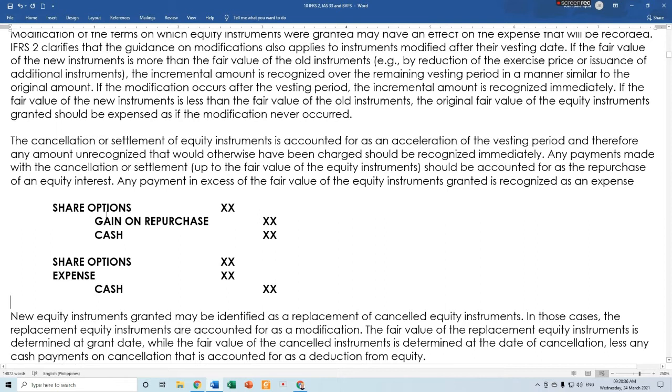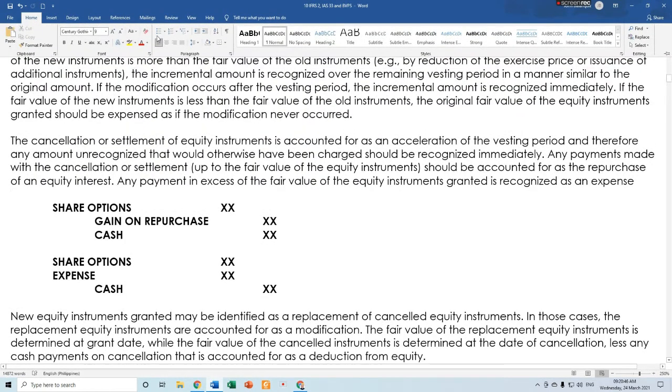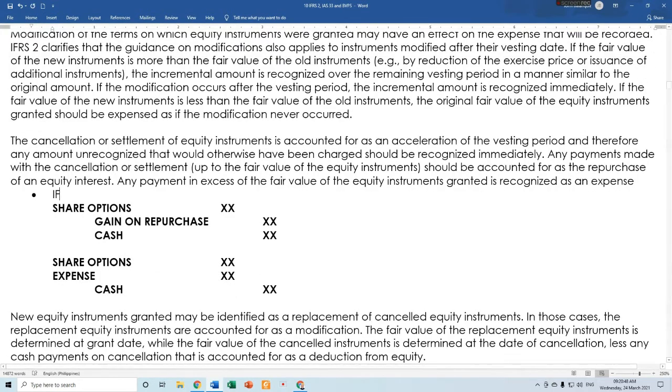So ito kapag itong entry na to, ginalang natin, if cash paid is less than the value of the options.